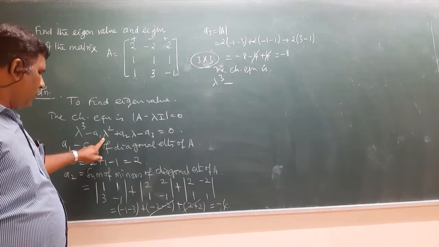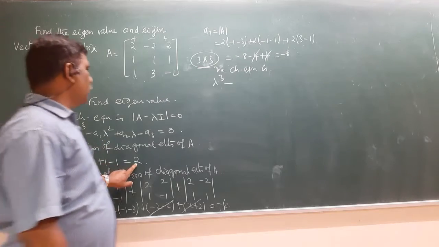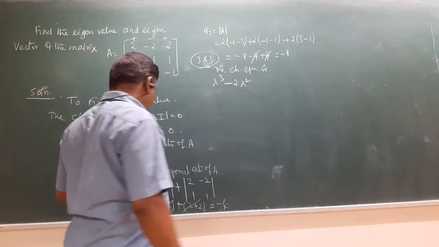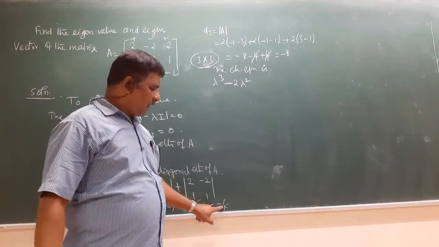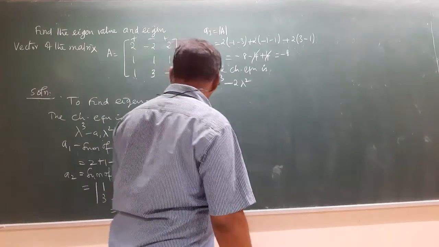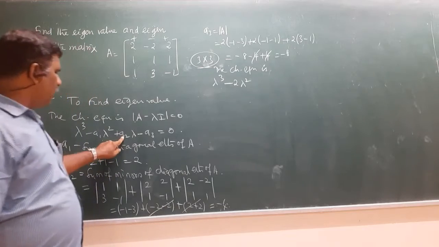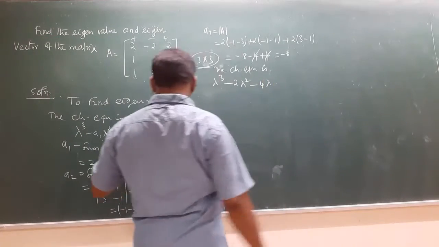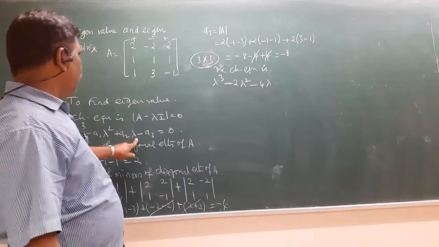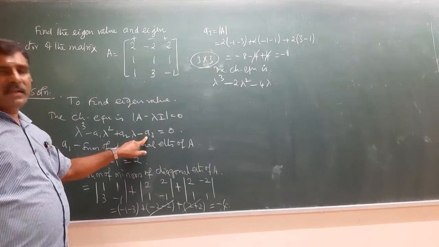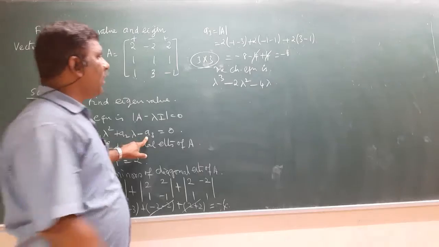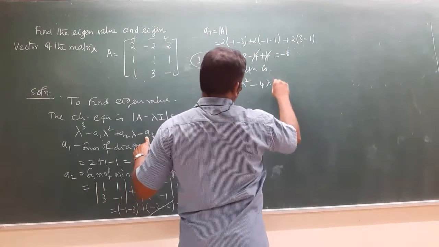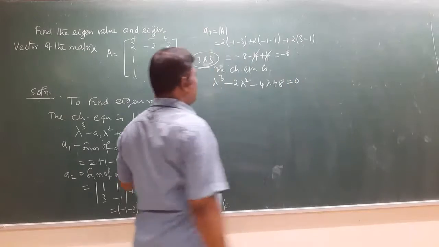A1 is 2 here, so 2 lambda square. Then minus 4 plus A2, so minus 4 lambda. Finally, minus A3 is there. A3 is minus 8, so minus, minus 8, therefore plus 8 equal to 0.